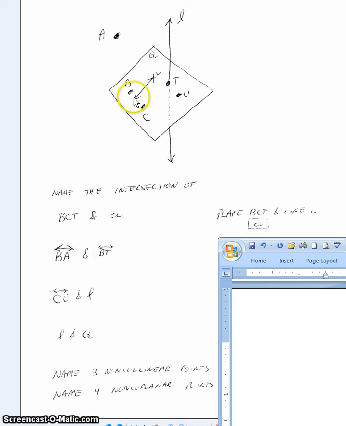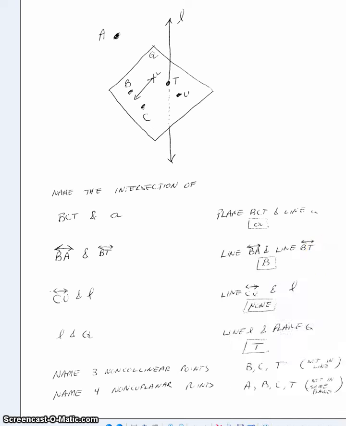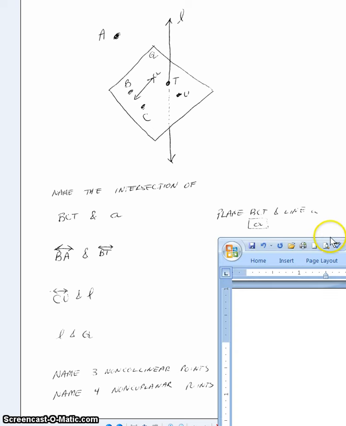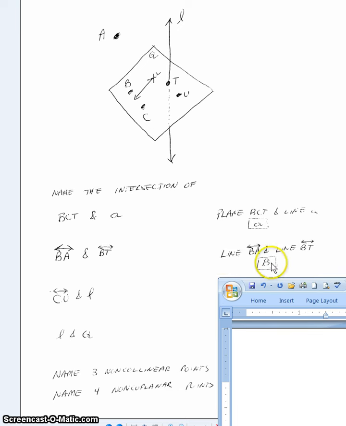And again, if you can imagine a line going from B to A and from B to T, the line would go through the plane and the line BT would be in the plane. But those 2 lines would connect at B. Alright? So again, the answer to that one is the intersection of line BA and line BT is point B.